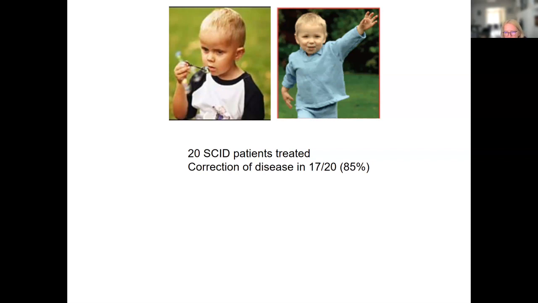And in about 85% of children, so in 17 out of 20, the disease was completely corrected, and the children lived a normal life, could go to school and to kindergarten and so on.